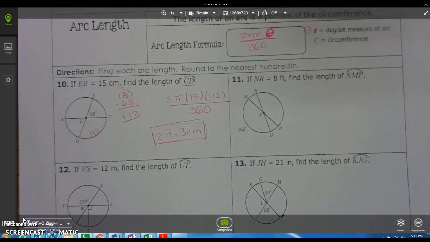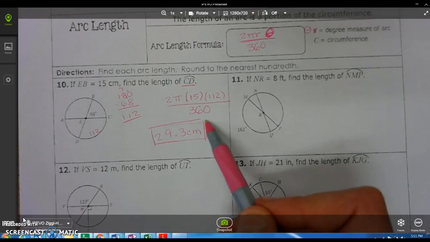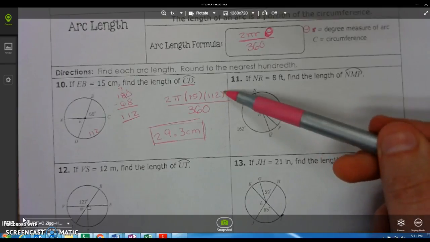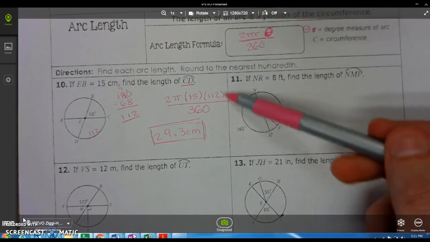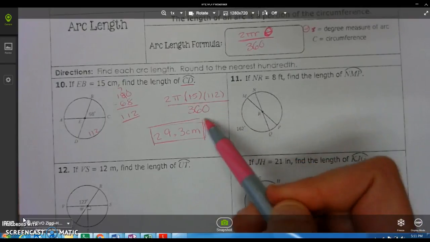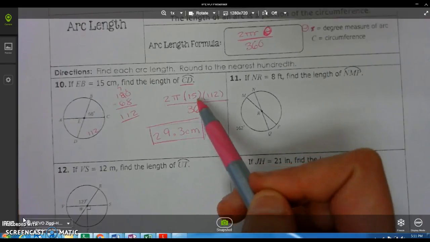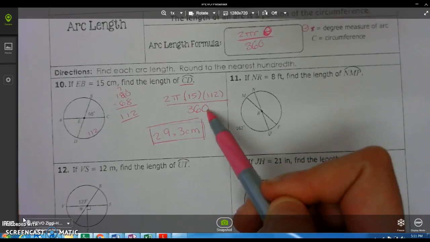Okay? The reason that this is divided by 360 is because it's saying that it's a portion of the whole circle. So I have 112 of the 360, so we're figuring out how much of the circumference I have. This is kind of like a proportion right here. This is the circumference formula, and then I multiply it by this proportion.